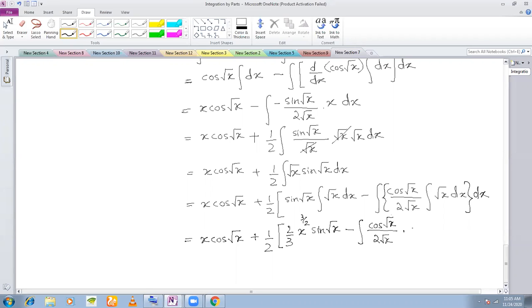Here, integral root x is 2/3 x to the power of 3 by 2, isn't it? Yes, sir. So what are we getting here?